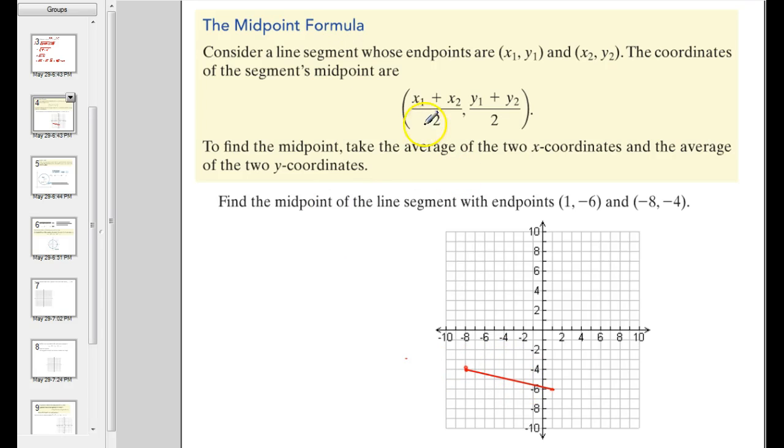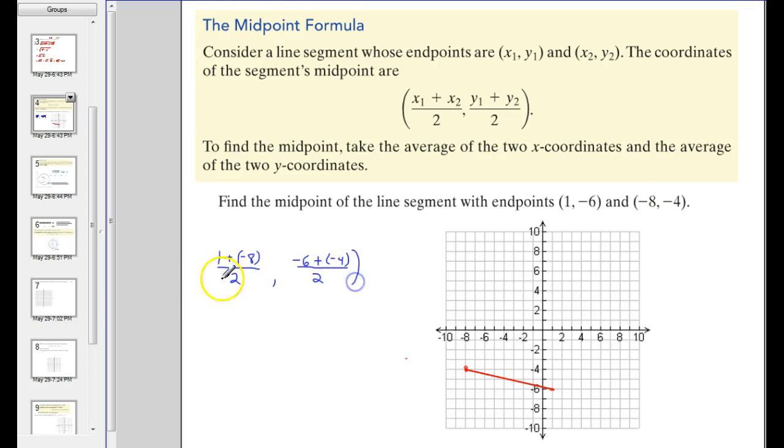So the x-coordinates added together divided by 2, that's 1 plus negative 8 divided by 2, comma, the y-coordinates added divided by 2, that's negative 6 plus negative 4, and then we divide that by 2. And this is going to be the coordinates of the new point.